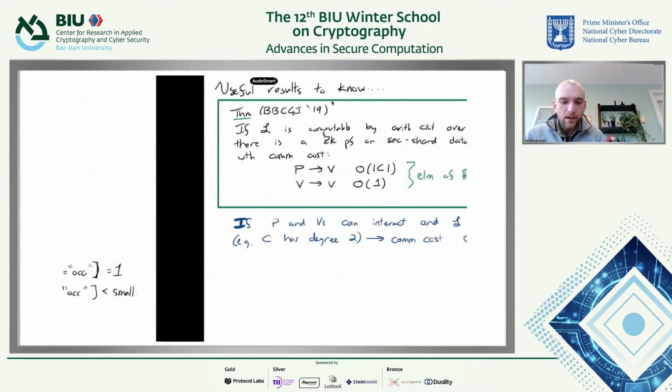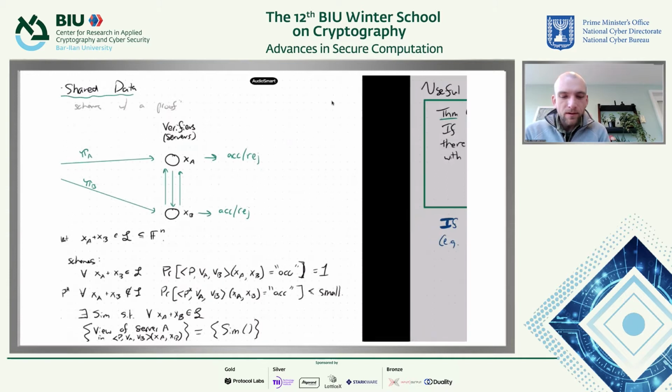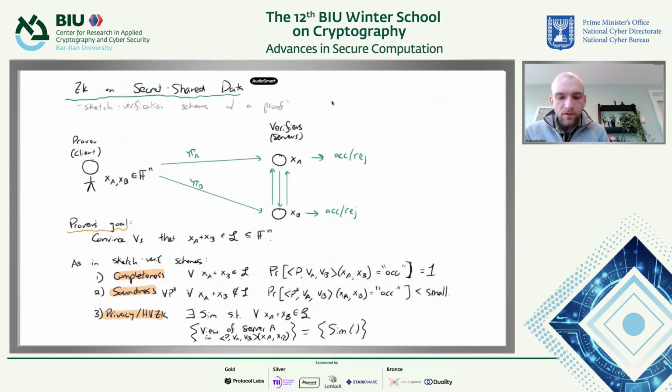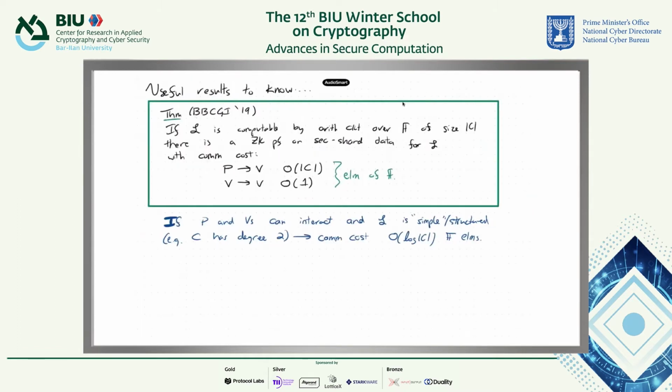In the interactive setting, I described the prover as sending one proof string to each server, but you could imagine the client sends a proof string and then the verifiers send a message, and the client sends a proof string and the verifiers send a message, and you do a bunch of this interaction. In that case, when your circuit is simple, you can get much, much better communication.